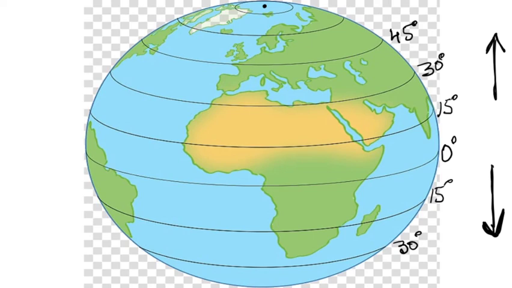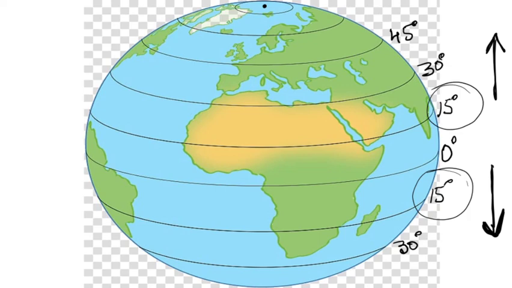But can you please differentiate between this 15 degree and this 15 degree? Yes, we can differentiate. Apart from these values, the parallels are also marked N or S. That means N for north and S for south.